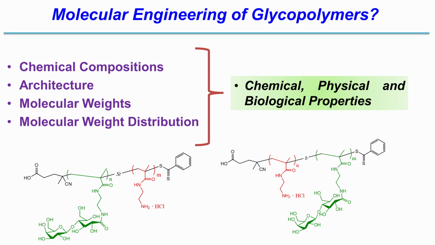Not only that, you also want the sugars to provide recognition on the surface. We have done quite a bit of work, for example, on targeting asialoglycoprotein on liver cells. We have seen that when we have a higher distribution of the sugars on the surface, we have a higher uptake in the cells, and we have higher transfection.